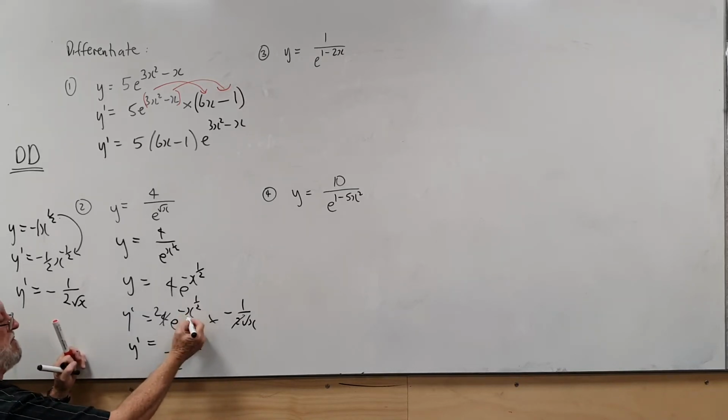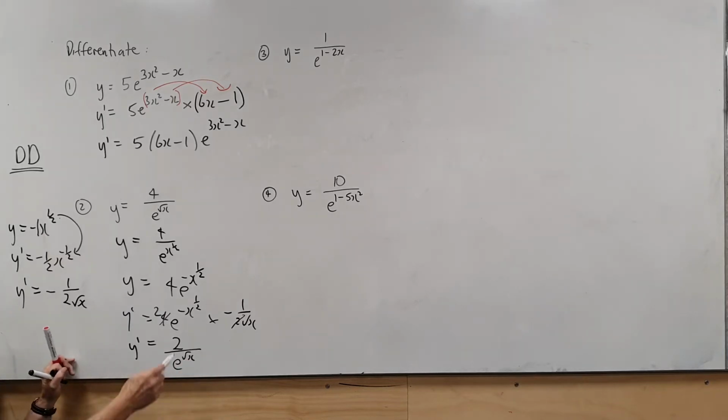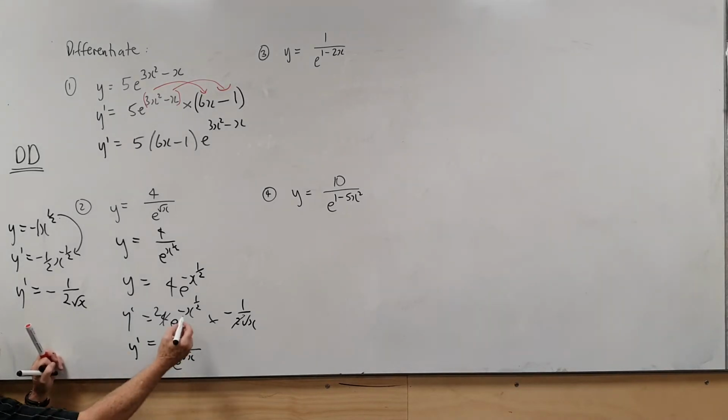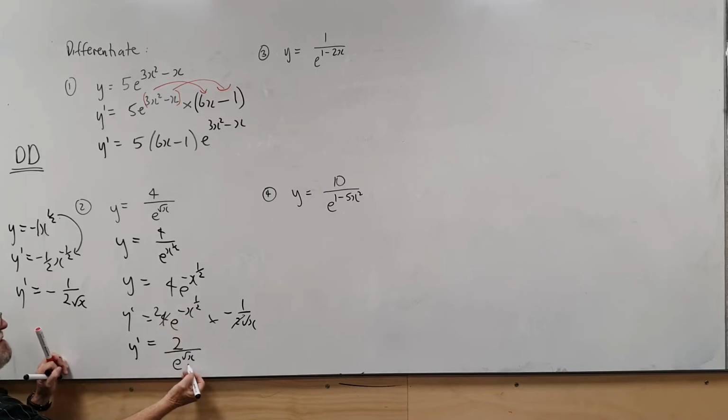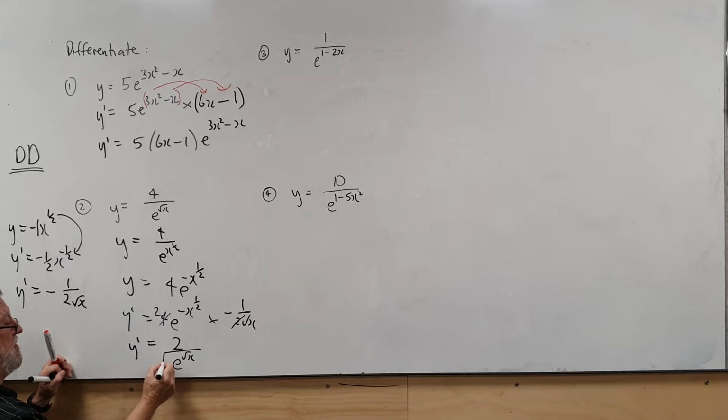And the x to the half becomes a square root of x. So the funny part is you started with e to the square root of x and ended up with it again, even though it's in a weird form. So that's the square root of x on the denominator.